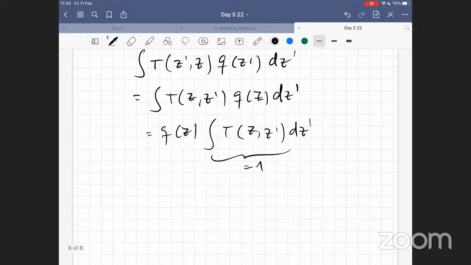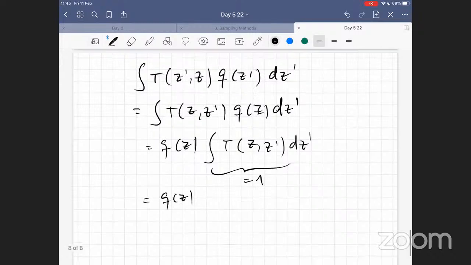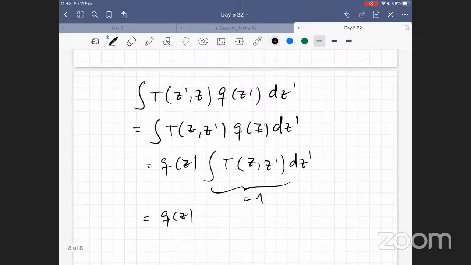So it is Q of Z. So I have obtained the starting distribution, let's say, right? So in this case, it is reversible.